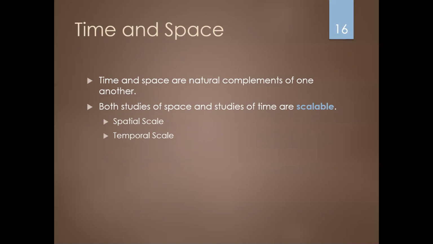Okay, the scale for space is relatively straightforward to understand. For example, your animation could be about a small town, could be about a county, a state, or even a country. That's different spatial scales.